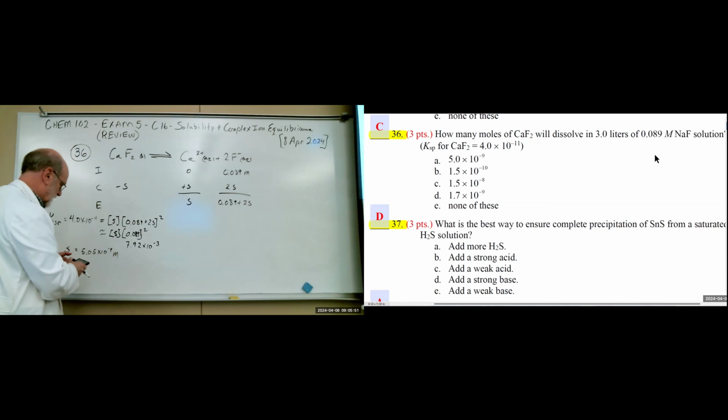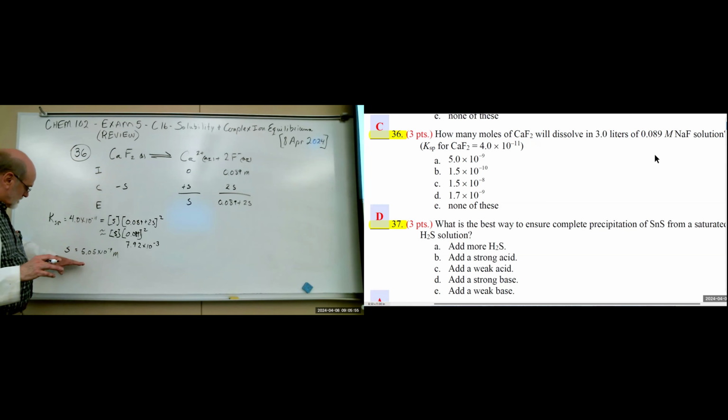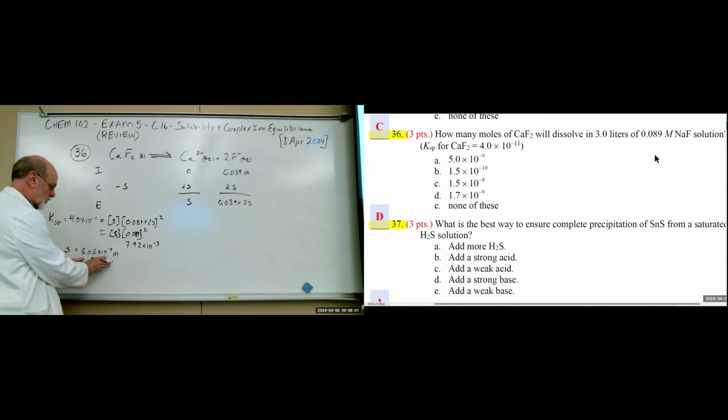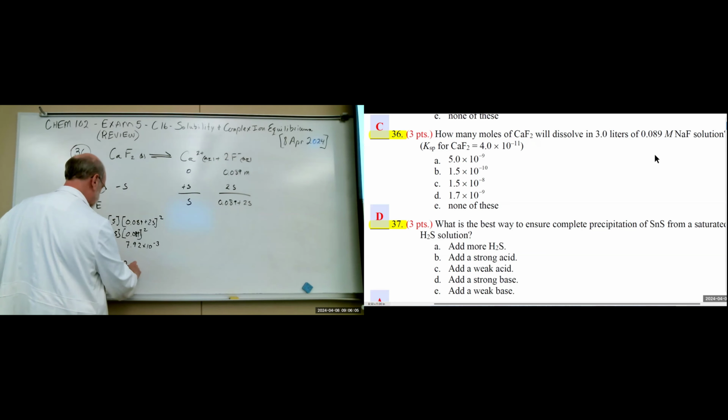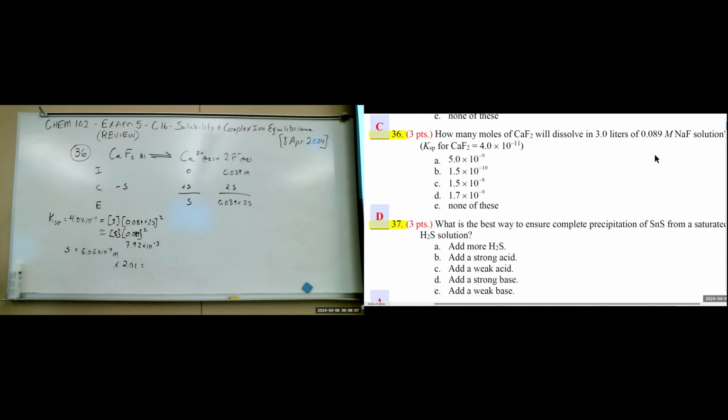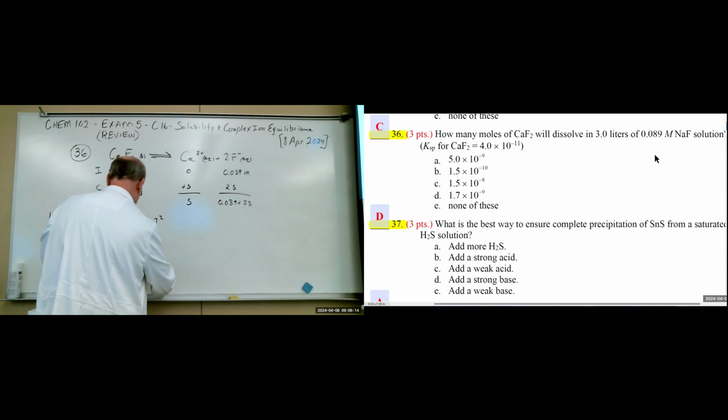All right, so that's the concentration in this situation for the solubility of that compound. But this is only for 1 liter, right? If we multiply it times 3 liters, then we get the answer to the question, which is 1.5 times 10 to the minus 8 moles.